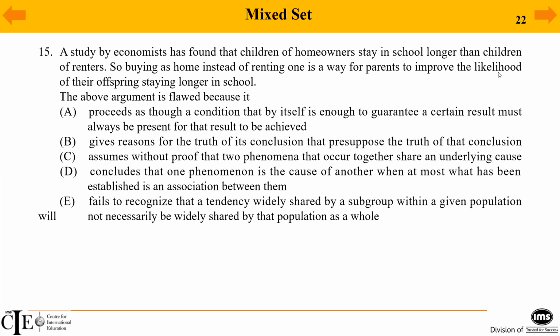So D is a correct answer because it says that based on the observation, the conclusion is saying as if it is a cause and effect. Just because I read a book and I also play cricket, I'm the best cricketer. Like Sachin Tendulkar drinks Vita, and he is the best cricketer. Now, that is association, right?